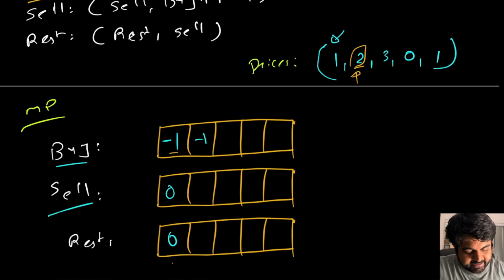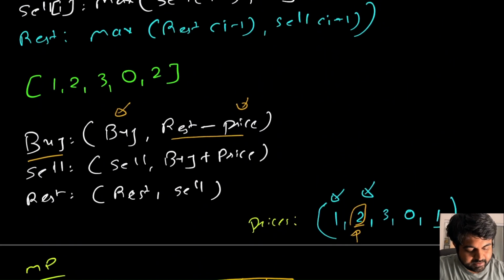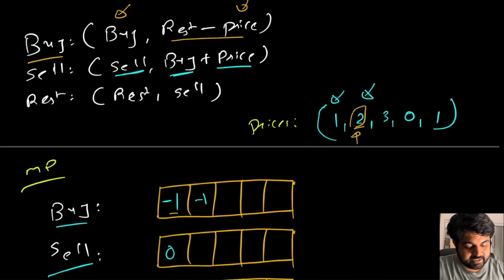Same way for the sell array, if we decide to sell on this particular day, what is the maximum profit we can make? Once again, we are comparing the previous selling profit, previous maximum profit from the previous day, or what if the previous maximum profit we are making if we bought a day earlier plus the price of today.